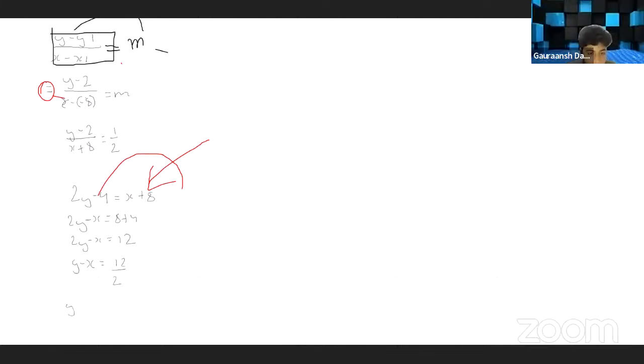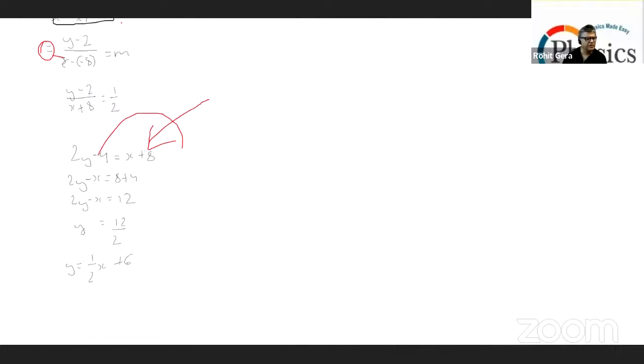So y equals 1 by 2 x plus something. How is y equal to 12 by 2?